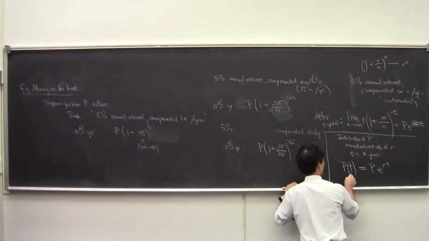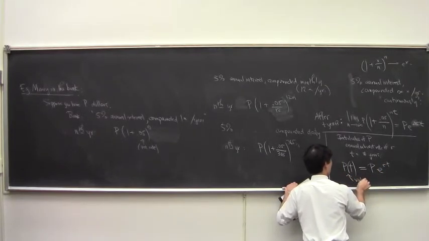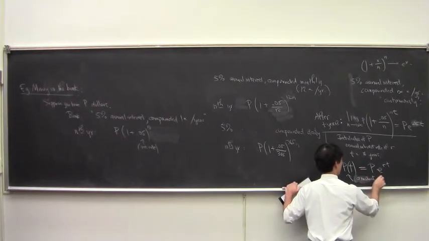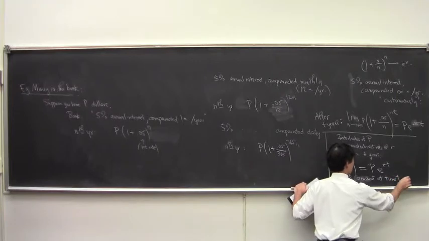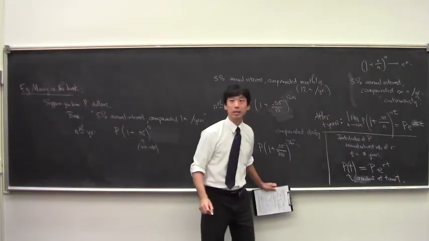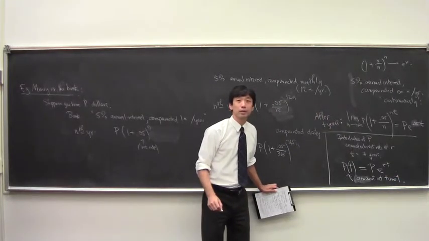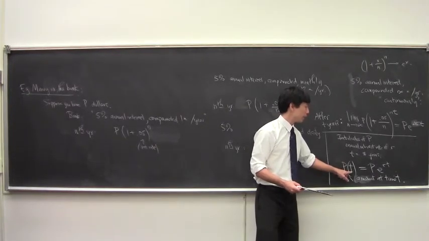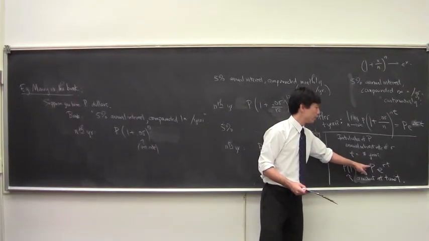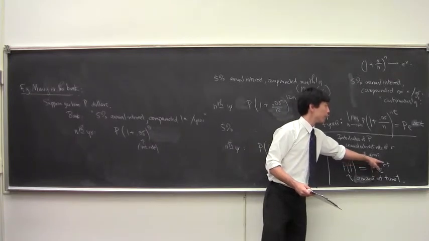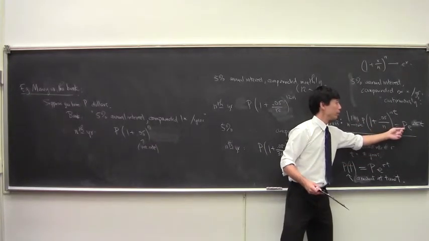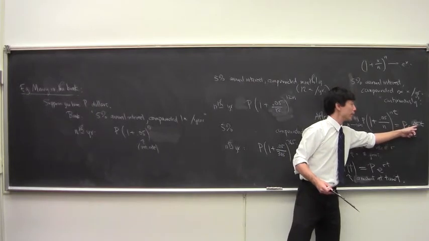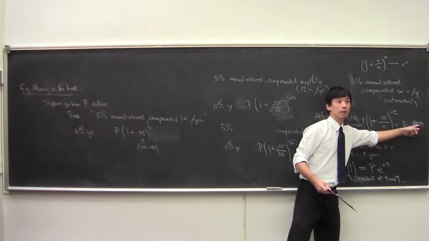So this is your amount, say. The amount at time t is going to be P times e to the rt, just like we wrote here. It will be your initial value times e to the rate times the time.